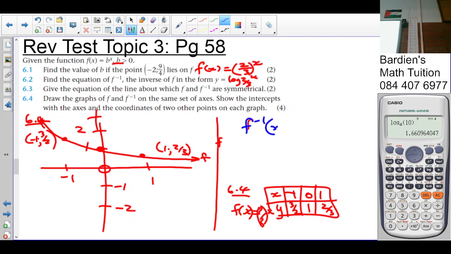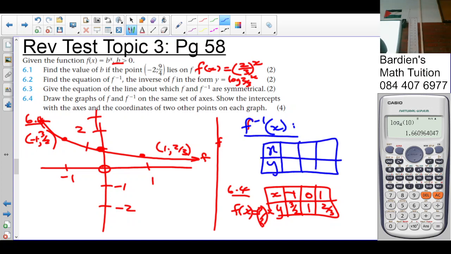So for the inverse function, the table now is going to look like this: there's your x and your y, -1, 0 and 1. This is going to be 3/2, 1 and 2/3. Okay, so x is 1, 2, 3 here.